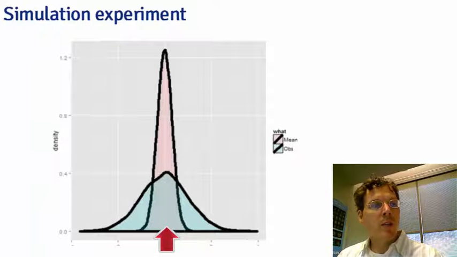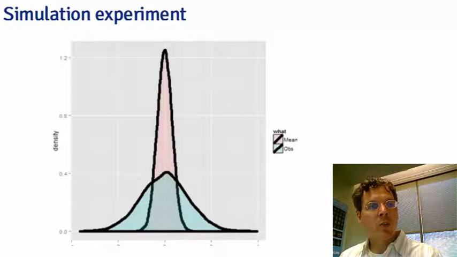Now let's imagine that instead of taking a bunch of single normals, I were to simulate 10 standard normals, take their average, and then repeat that process over and over again. And I were to plot the histogram or the density estimate for that set of simulations of averages of 10 normals.